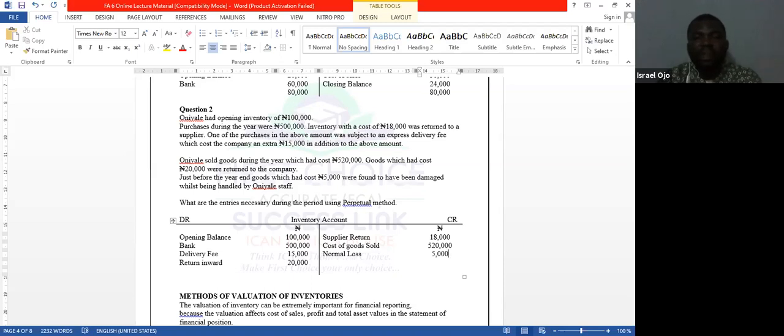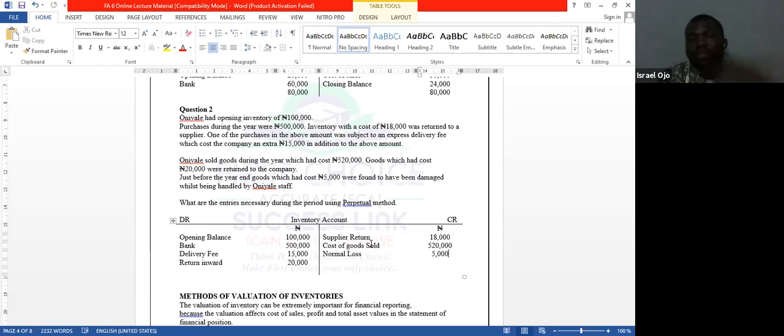Then after that, they made an inventory with the cost of 80,000 that was returned. So once it was returned, it's going to affect, if it's receivables, it's going to reduce our receivables. It also is going to reduce our sales. So the second leg now is inventory. You have to reduce our inventory. So it's going to be supplier return, credit it, which was 18,000. So supplier return 18,000 credit.